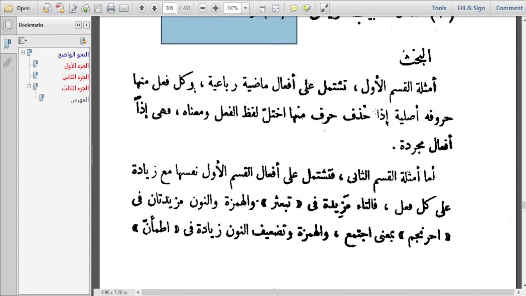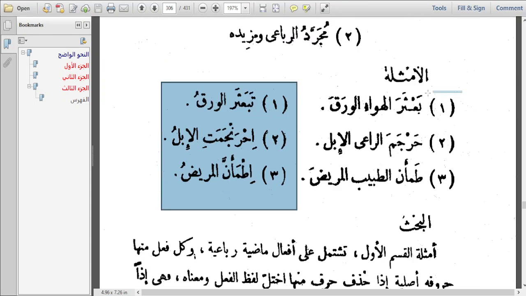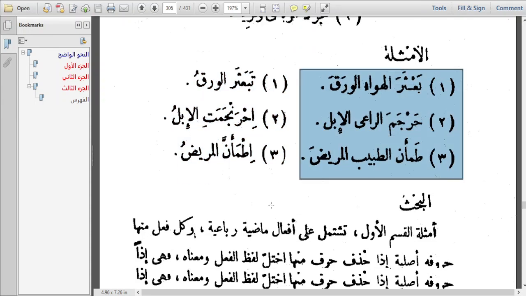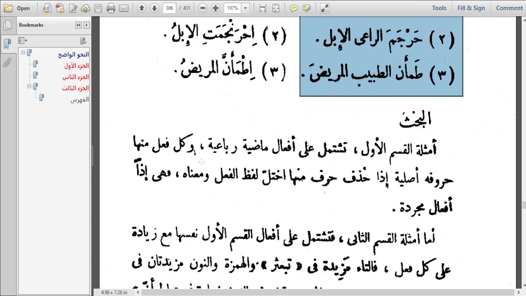Inshallah. Al-Amthila, he says that أمثلة القسم الأول تشتمل على أفعال ماضية رباعية. So all these parts contain 4-lettered verbs that are all past tense. وكل فعل منها حروفه أصلية. And all the verbs, their letters are أصلية.